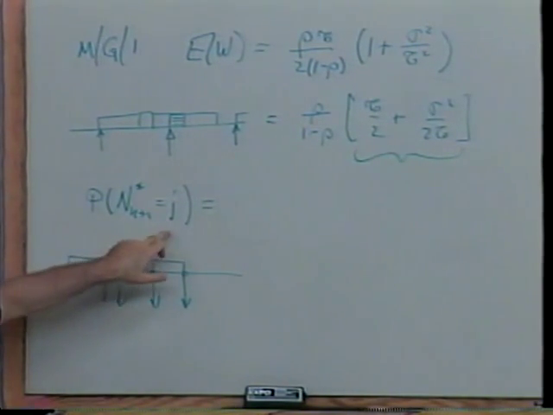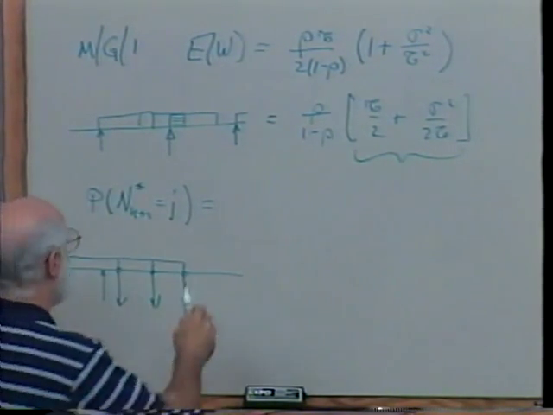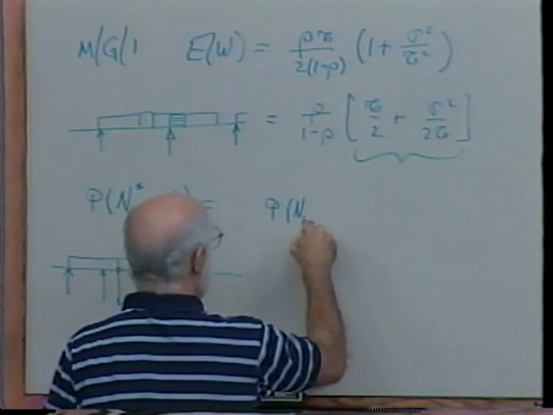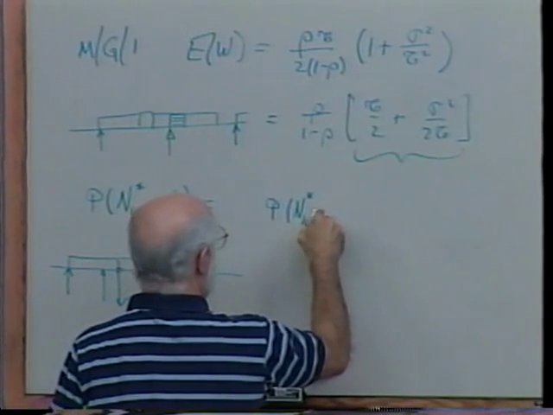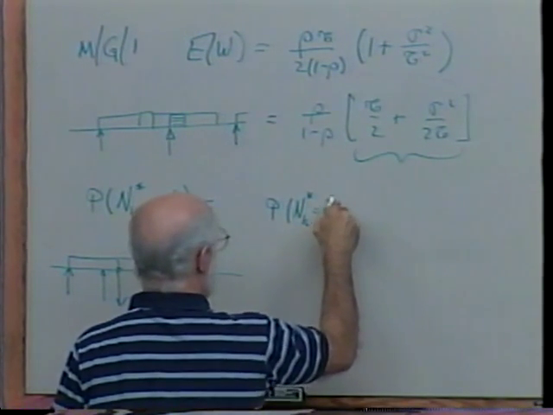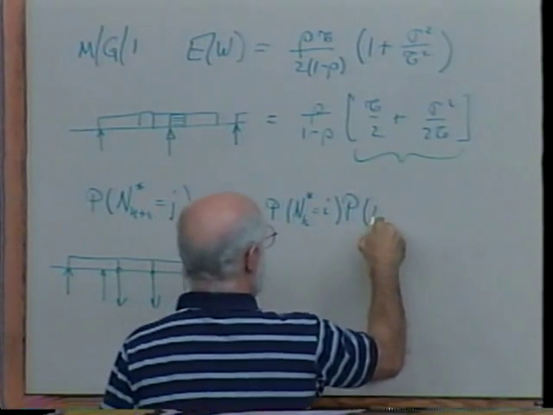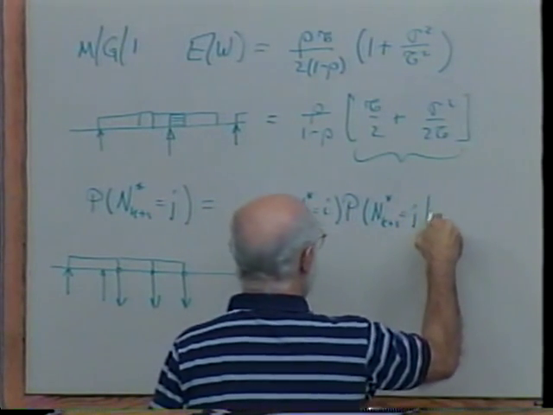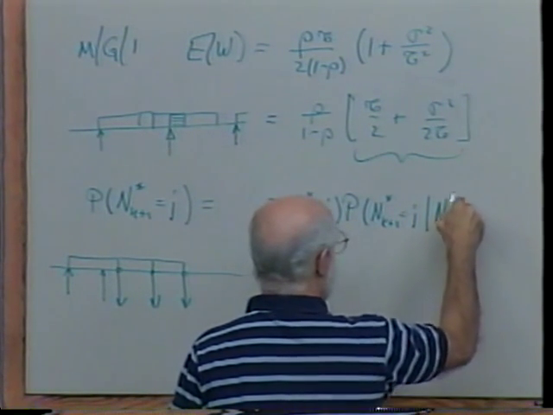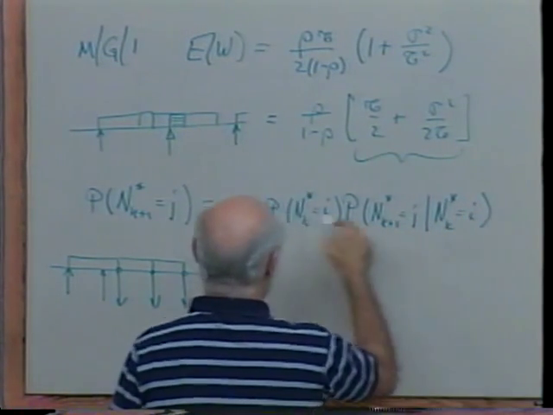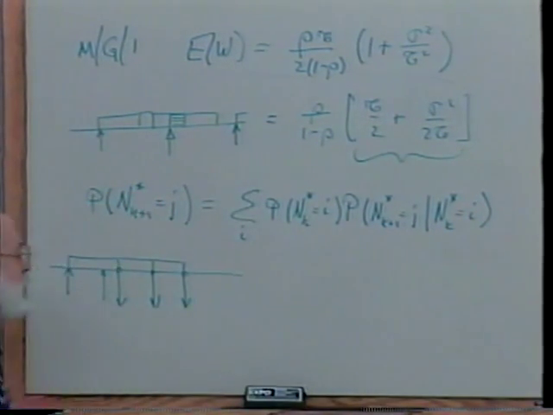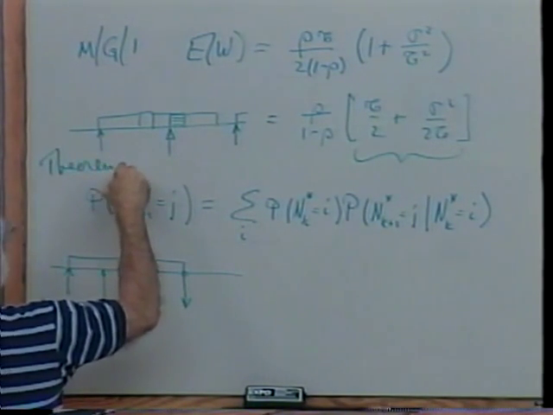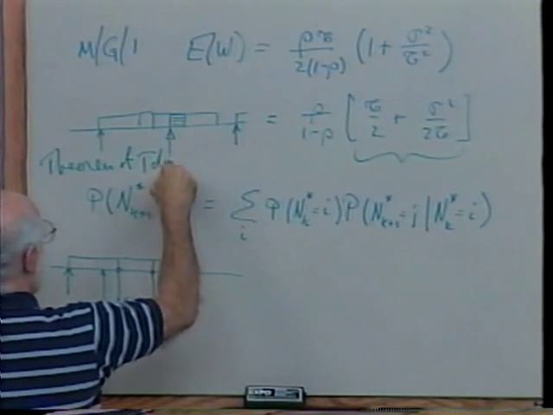So I'll say the probability that the kth plus first leaves behind J is equal to the probability that the previous customer, the kth, left behind I times the probability that the kth plus first left behind J, given that the preceding customer left behind I, summed over all I. So that's the theorem of total probability. It's true. Of course, we don't know if it's useful or not, but it's certainly true.